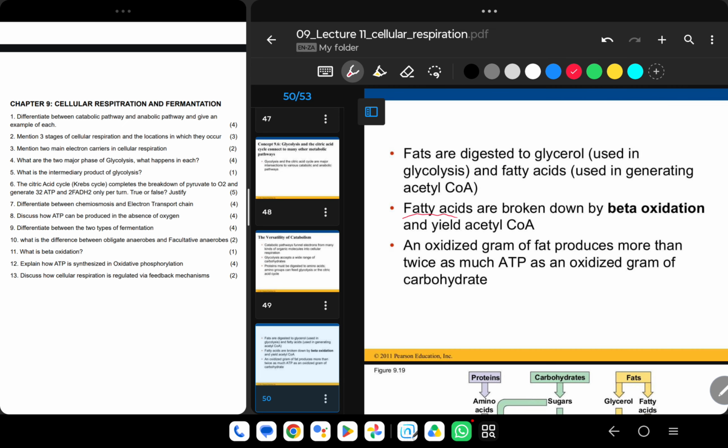Of fatty acids into what? Into acetyl CoA, and it yields what? It yields ATP in the process. So that is what beta oxidation is all about. It's basically the breakdown of these fatty acids to acetyl CoA.